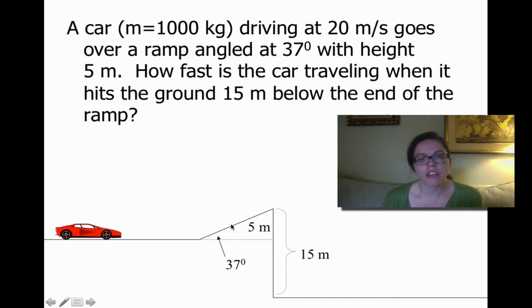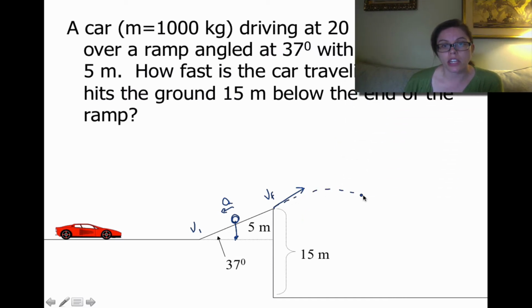So what we would have to do is draw a free body diagram of the car right here, and then solve for the acceleration of the car, which would be down the ramp. Then we'd have the VI of the car to begin with, and then we'd solve for the VF of the car. And remember that the VF is at an angle.